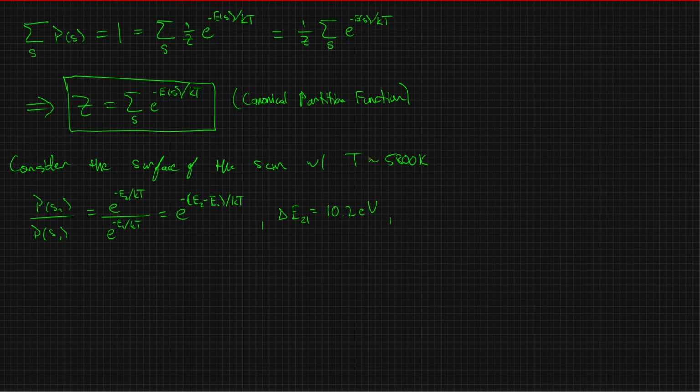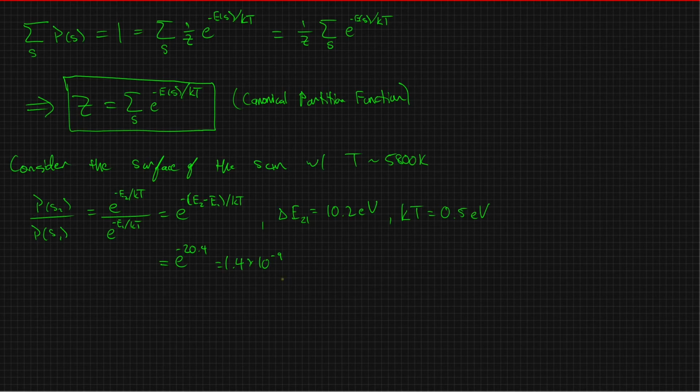And if we were to plug in roughly 5,800 Kelvin into this little piece right here, the Boltzmann constant times that in electron volts is roughly 0.5 eV. So if you plug those numbers in, you get something like e to the minus 20.4, which is approximately 1.4 times 10 to the minus 9. So what does this tell us?